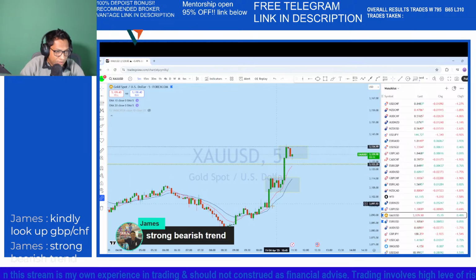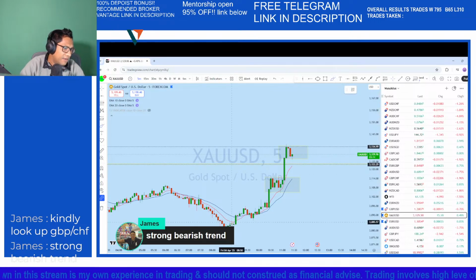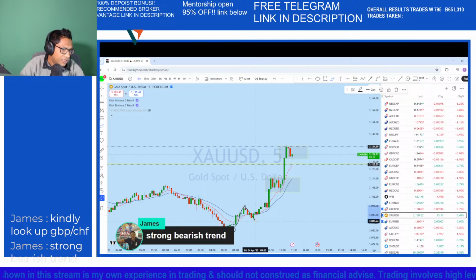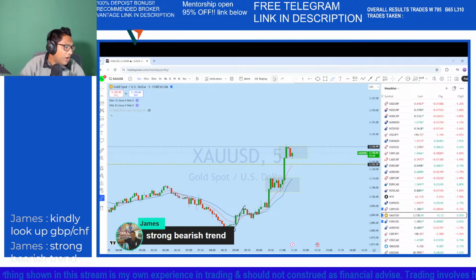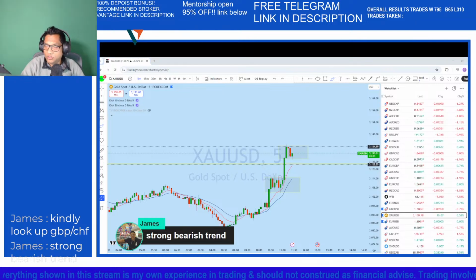Now as you can see, this is the 1 minute chart and the market is trending in the major direction at the moment. So before NFP, if we see a break of structure, that's where we will be looking for any entry opportunity.